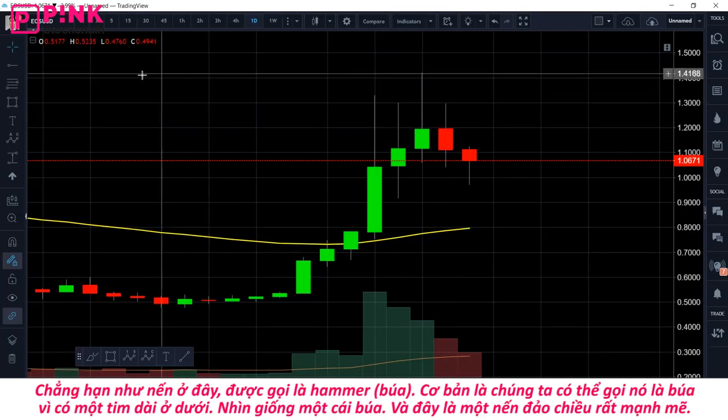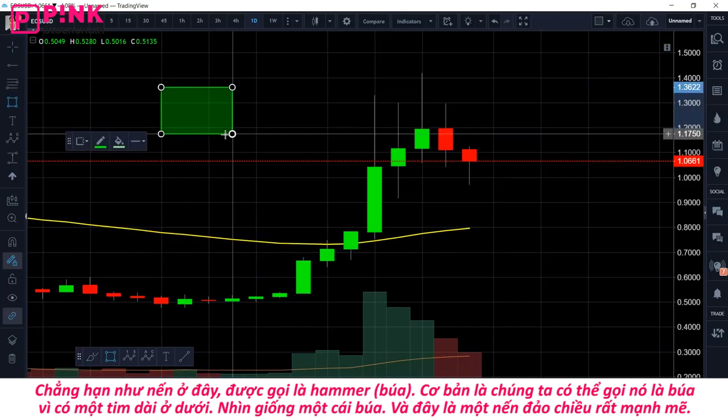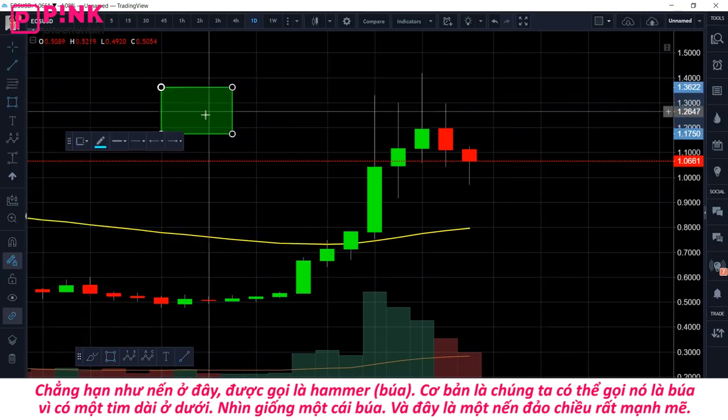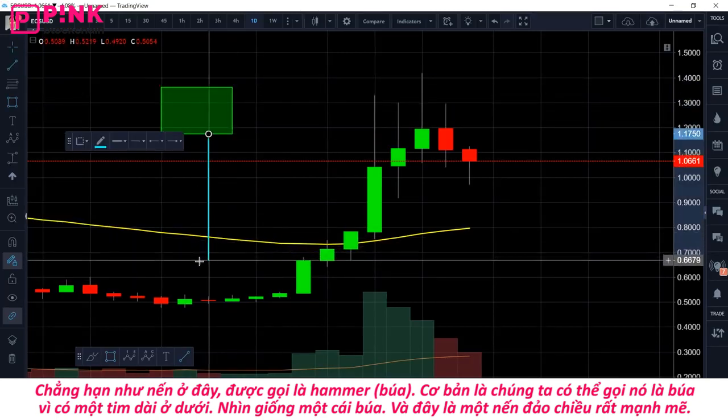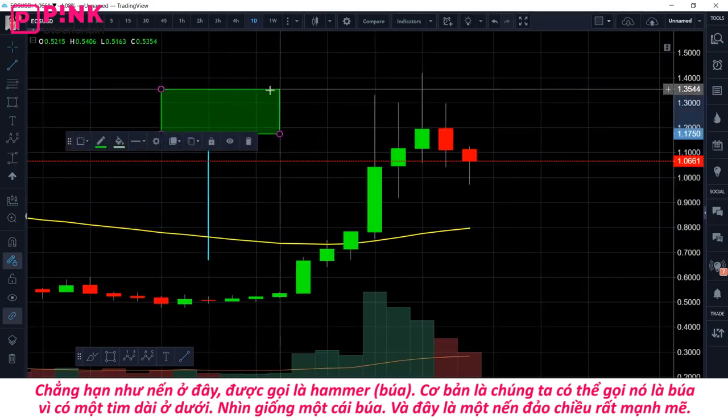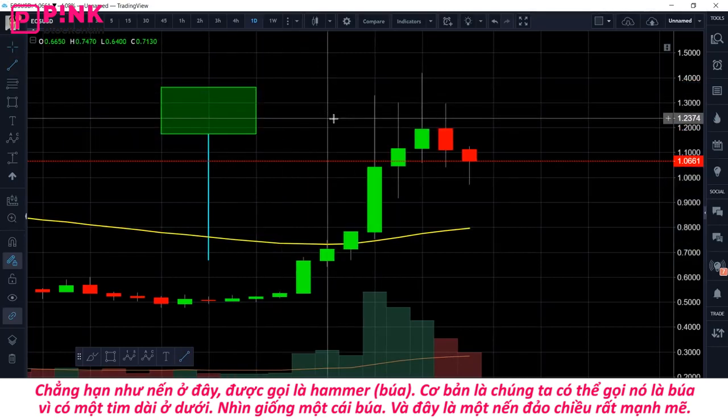And what we call these candles, guys, okay, if, for example, this one here was called a hammer, okay, this is basically a hammer, we can call it, with a long wick shooting down like that, okay? This is a hammer, and this is a very strong reversal candle.